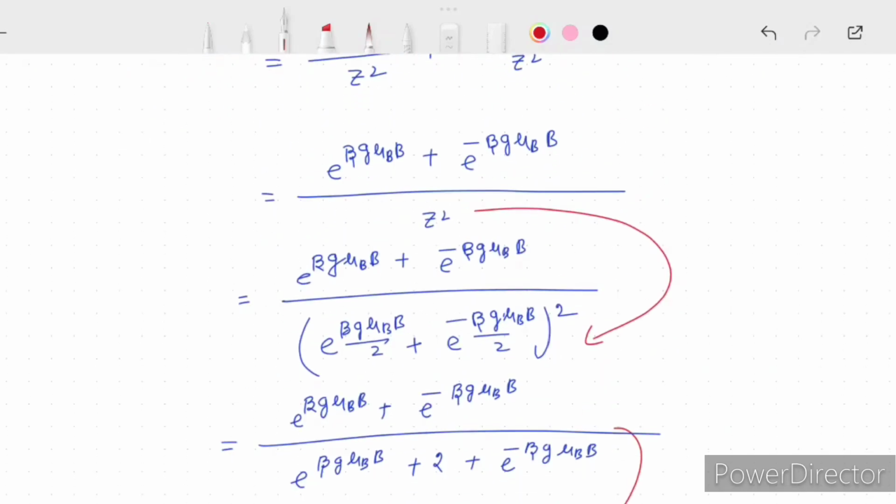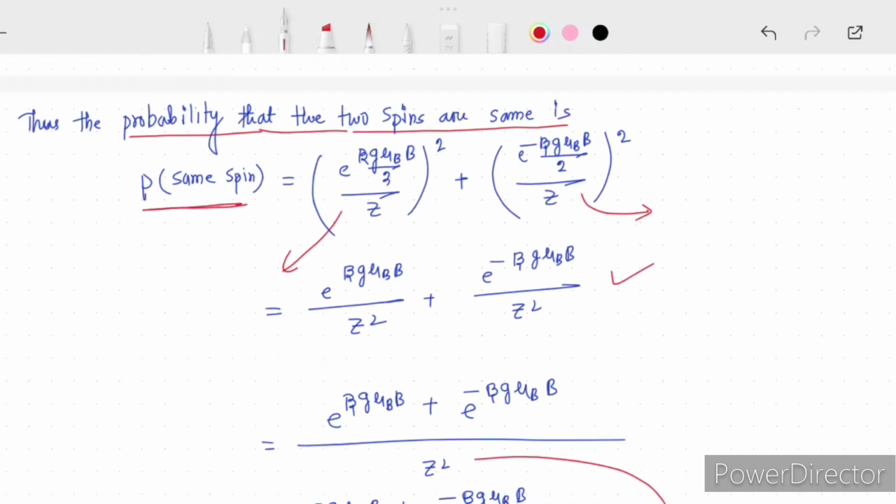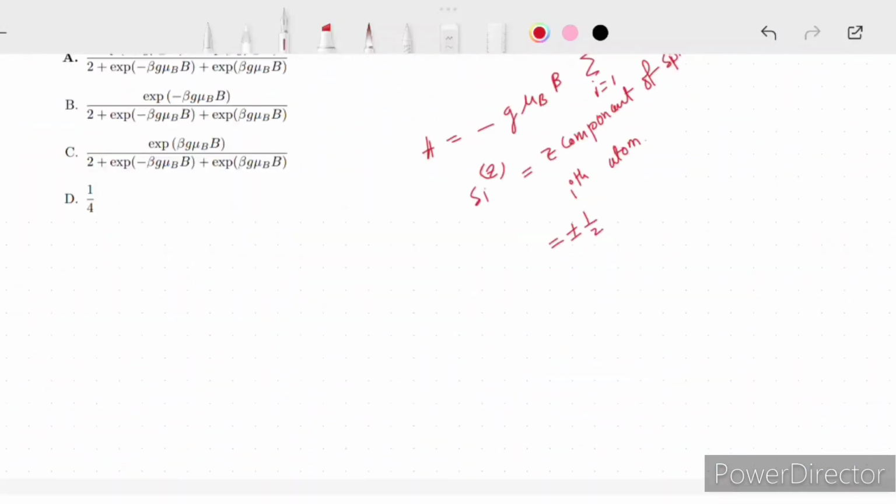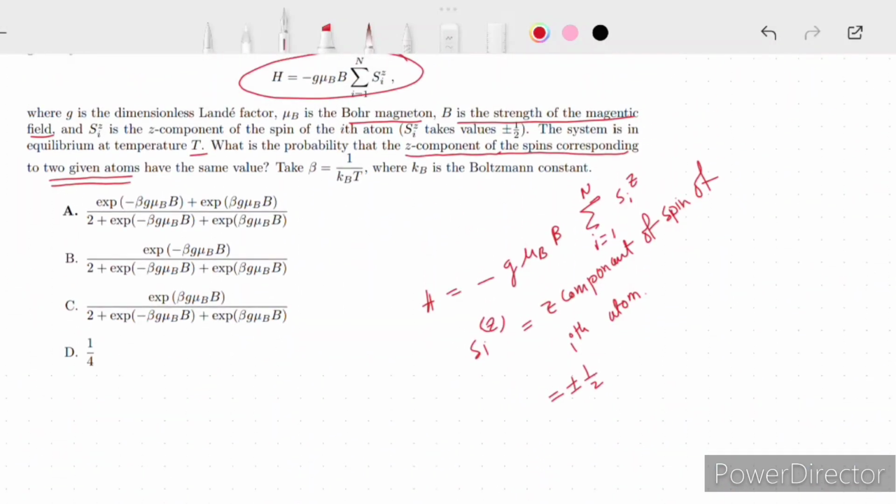This question is very easy, you just need to understand the meaning of this line: what is the probability that the z component of spin corresponding to two given atoms have the same value? If you clearly understand this line, you will definitely solve this problem.